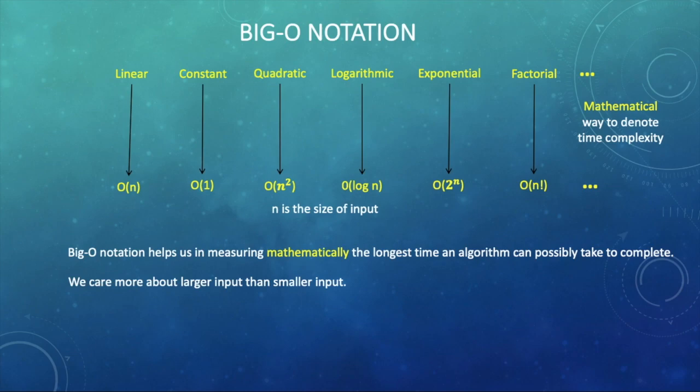That is why we care more about larger input than smaller input, as when the input is small enough, the algorithm is probably not going to take that much time, right? Therefore, in the software industry, we focus more on big O notation than the theta and omega asymptotic notations.